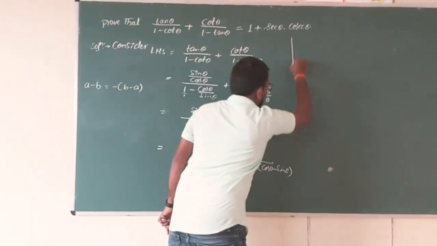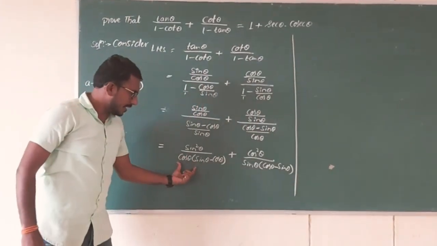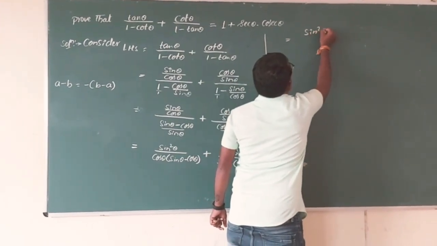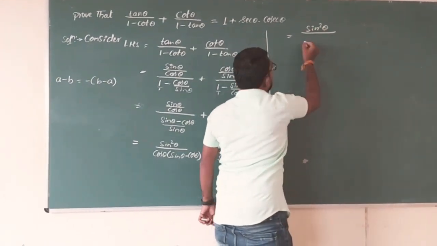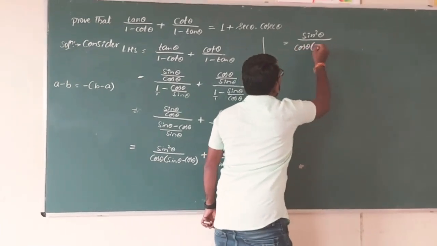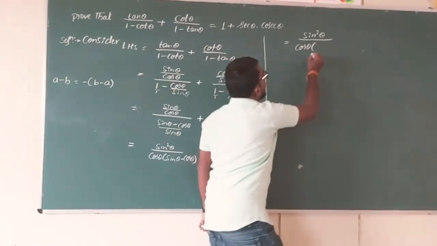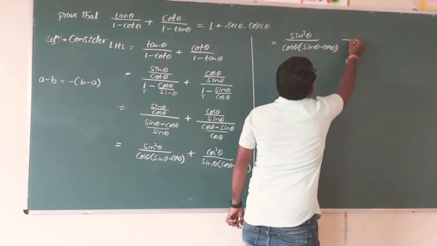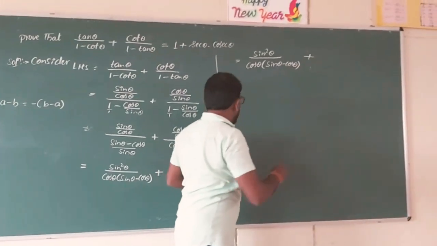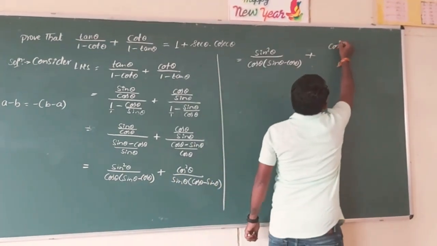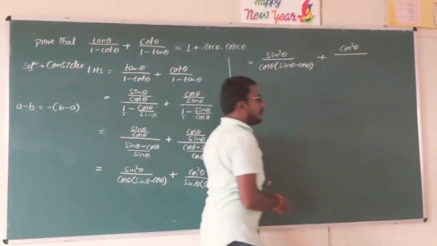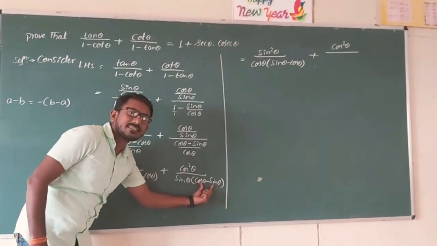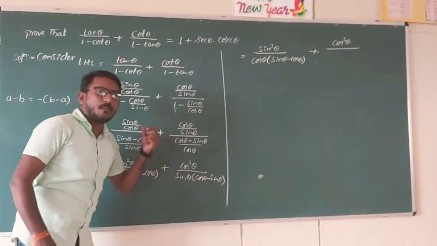So in the next step, I will write the numerator as it is, sin square theta divided by cos theta into sin theta minus cos theta, plus the numerator as it is, cos square theta divided by, here you can see cos theta minus sin theta, that I will write as sin theta minus cos theta, then take minus outside.